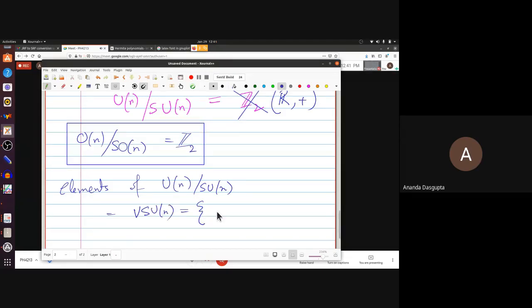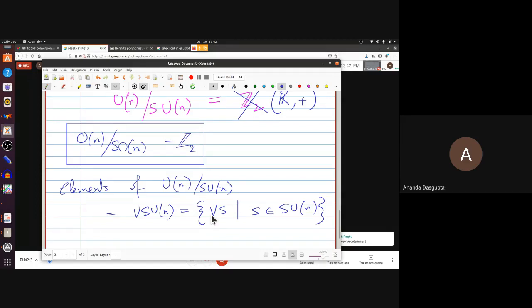The set of all elements of the form VS where S belongs to SUN. Remember, being in the same coset is an equivalence relation, as we have explained several times. An equivalence relation usually means some kind of equality.